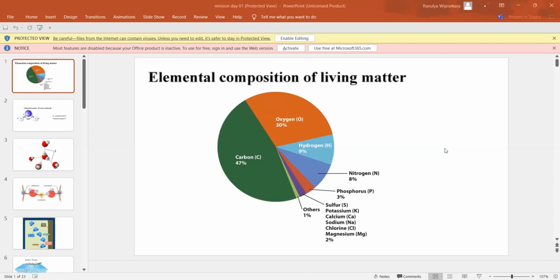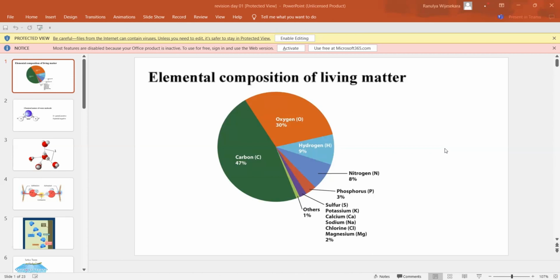Humans need roughly 25 elements. Out of those 92 elements that naturally occur on the earth crust, 25 elements are essential for humans to continue healthy life and for their reproduction.